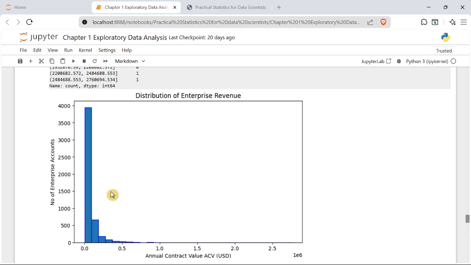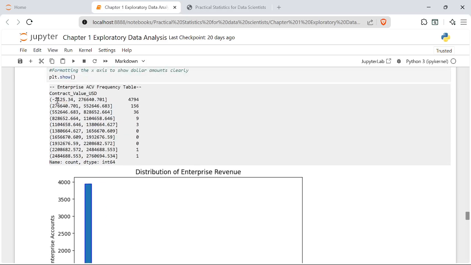The towering bar on the far left shows our operational reality. The vast majority of our sales volumes comes from standard contracts in the range from 0 USD to 2,76,000 USD.